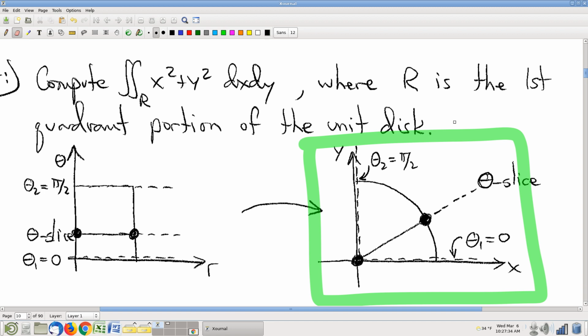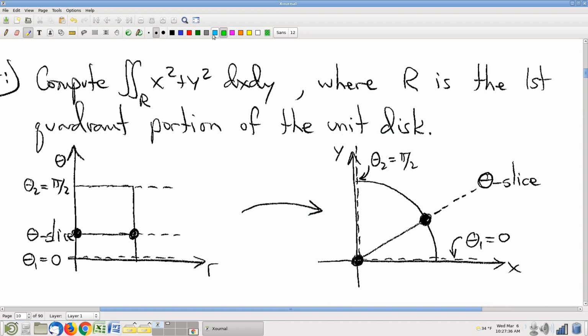Again, I'm going to do this both ways. Let me first observe that the pullback domain is this rectangle. Now, let's talk that through. How do I know it's that rectangle? Well, this curve here, that's r equals 1, which is that curve in r theta space.